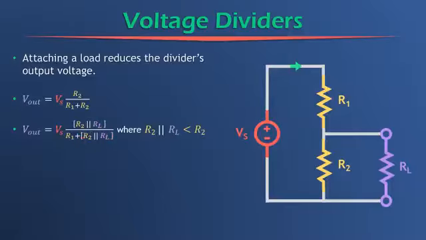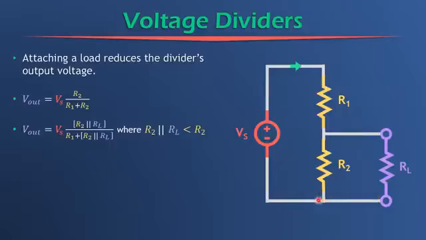And we know that based on our knowledge of parallel resistors and parallel circuits in general, that R2 parallel RL is going to be less than the original value of R2. And why is that? Well, think here. If you have R2, which is some value, and then you attach another resistor in parallel with it, you're effectively creating another path for current to flow through.